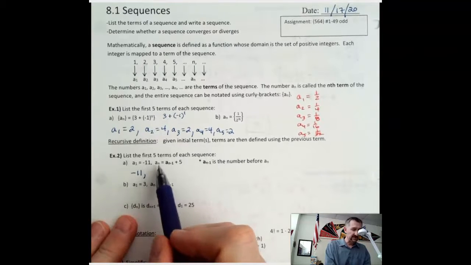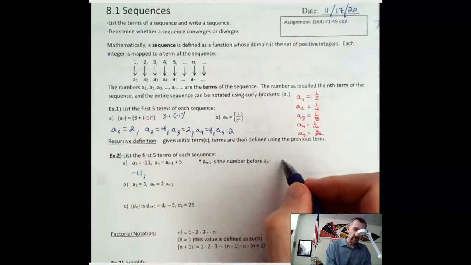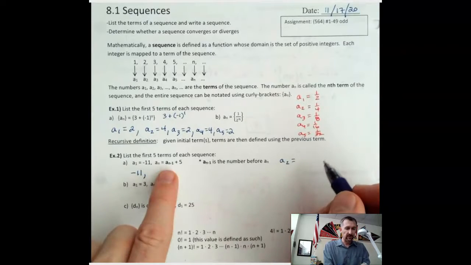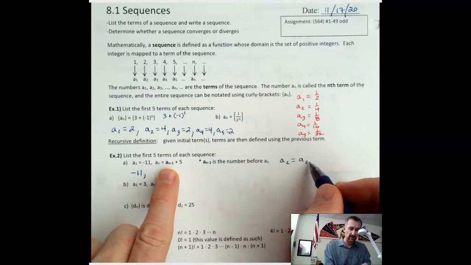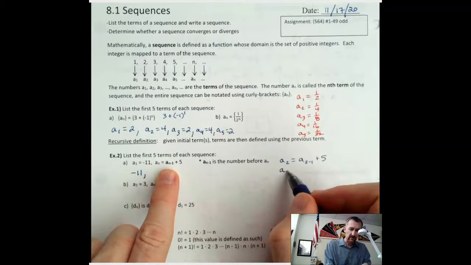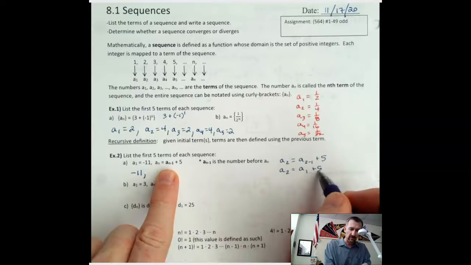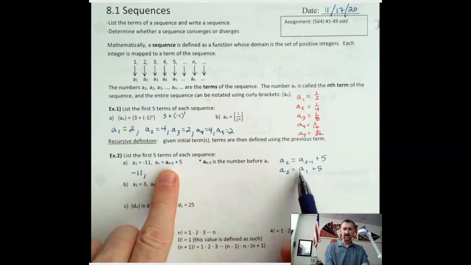So to find a sub 2, that would be a sub 2 minus 1 plus 5, or a sub 2 equals a sub 1 plus 5. So it just says, basically add 5 each time.